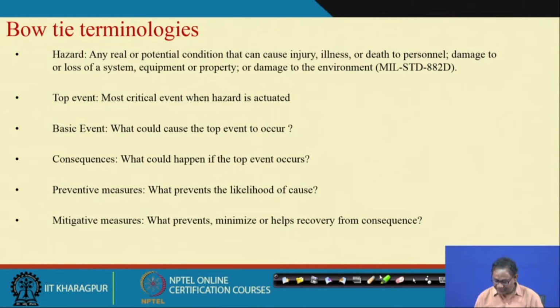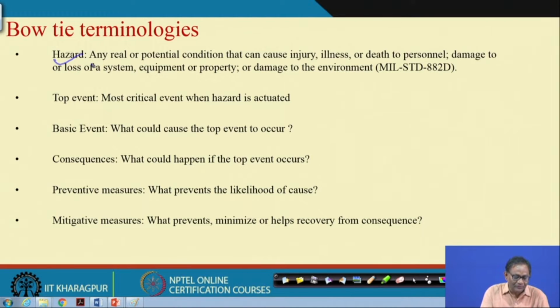So, the terminologies are very much known to you: hazard, top event, basic event, consequences, preventive measures, mitigative measures. What I mean by preventive measures is, when we talk about any accident, the top event, then whatever you do so that the top event will not occur, that is basically nothing but the cause will not occur.